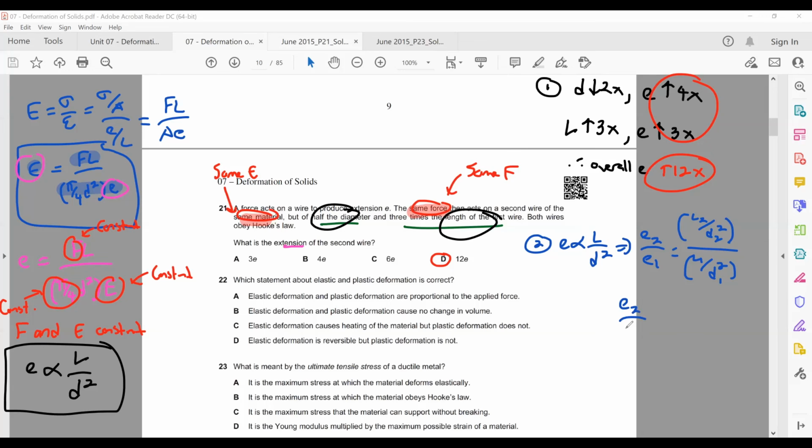So that eventually I get E2 over E1 equals L2 over L1 times D1 squared over D2 squared. Half diameter would mean D2 is half of D1. 3 times the length would mean that L2 is 3 times L1.